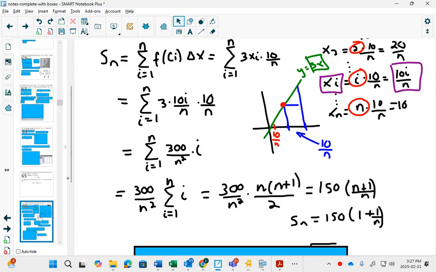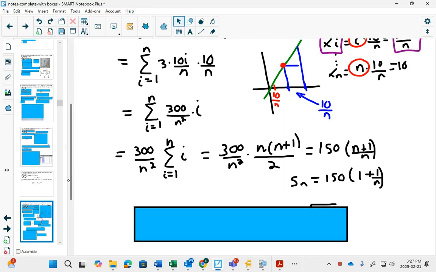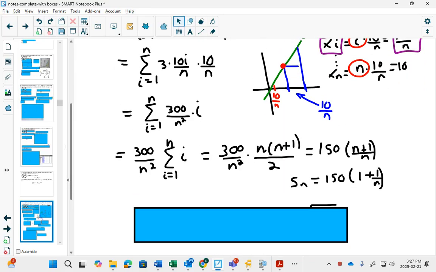And so our lower sums are 150 times 1 plus 1 over n. This is the formula for any n. It's kind of nice. So if you decided to just do 2 partitions, you'd have 1 plus 1 half. If you did 10 partitions, you'd have 1 plus 1 tenth.